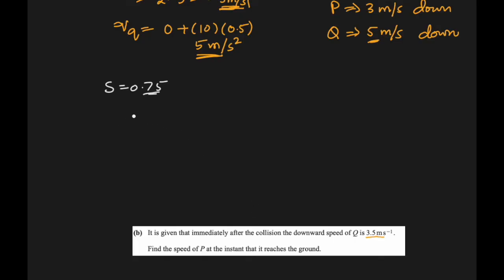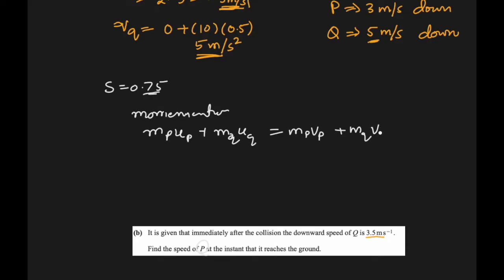But first, we will use momentum to find point P's speed after collision. For that one, we'll write mp up plus mq uq equal to mp vp plus mq vq.